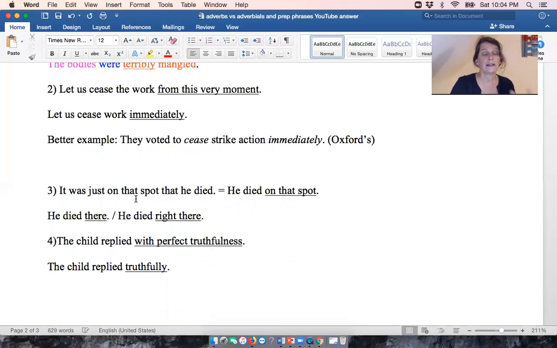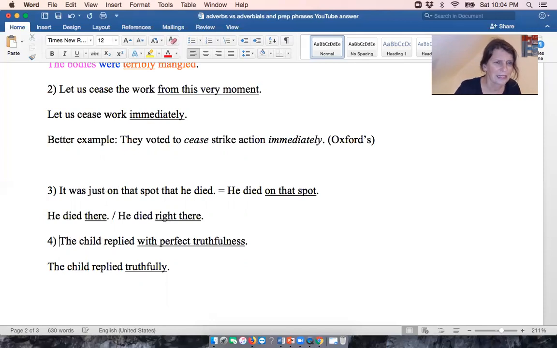I also explained cleft sentences in my grammar book. In order to be able to replace the prep phrase on that spot, we need to create a sentence without cleft construction: He died on that spot. Then we can replace on that spot by the adverb there: He died there. And if we want to catch the meaning of just and include it, we can say he died right there. That's one option.